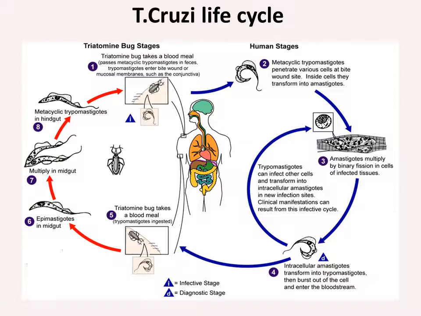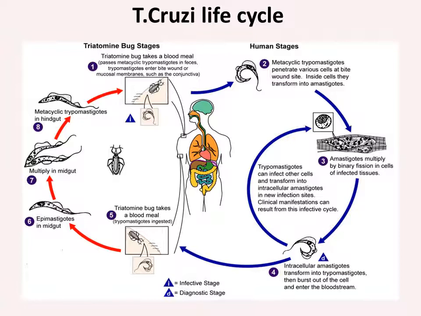The cycle in the Reduviid bug begins with ingestion of trypomastigotes in the blood of the reservoir host. In the insect gut, they multiply and differentiate first into epimastigotes and then into trypomastigotes. When they reach the hindgut, the trypomastigotes are passed within the feces.